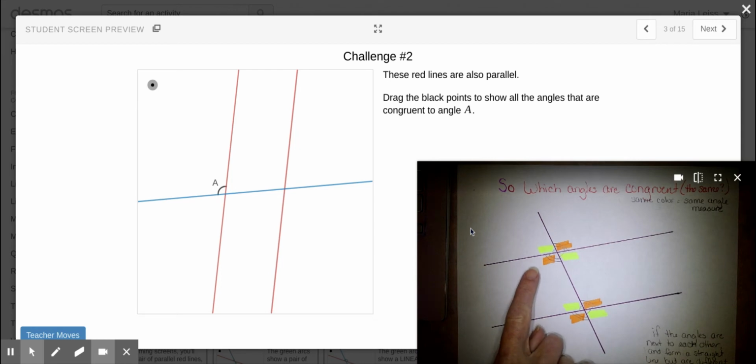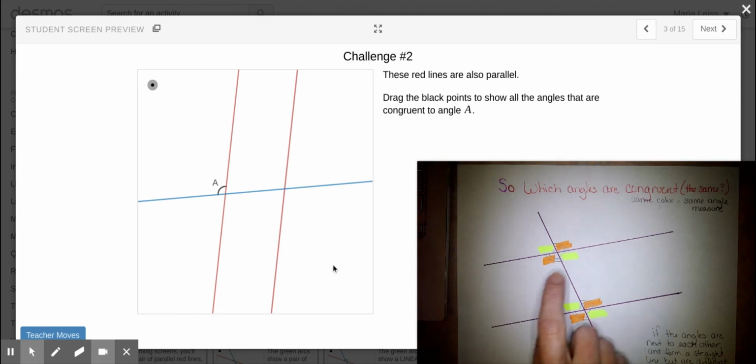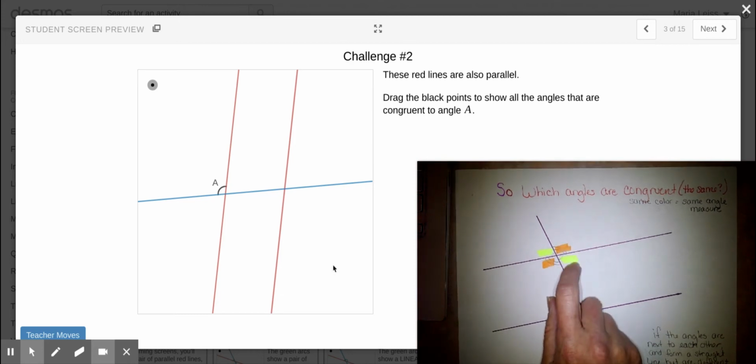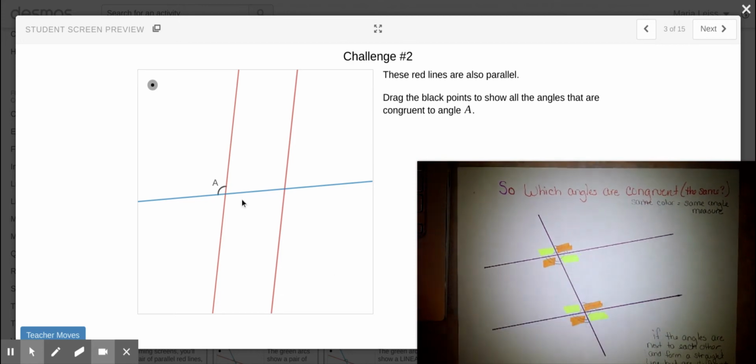The yellow angles will all have the same measure. The orange angles will all have the same measure. There are 4 angles that are congruent here, A being one of them. So you need to drag 3 other dots to show 3 other angles that are congruent to A. Notice there are not 2 colors right next to each other. So you will not have 2 dots right next to each other on this graph.